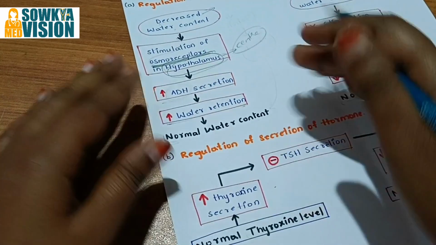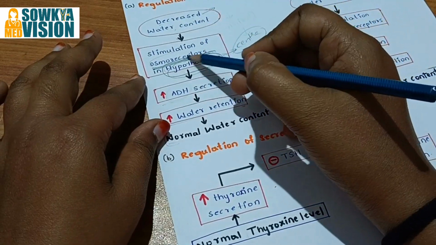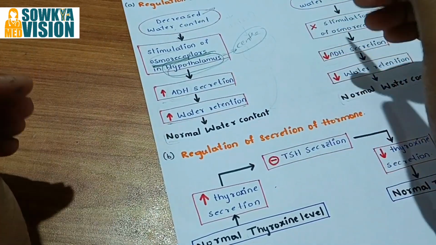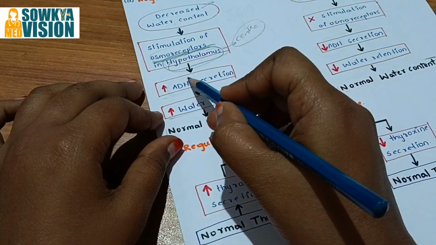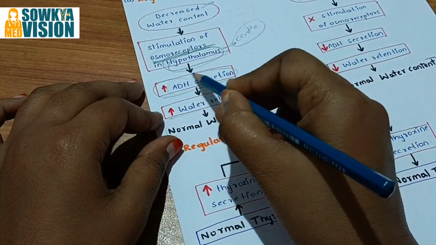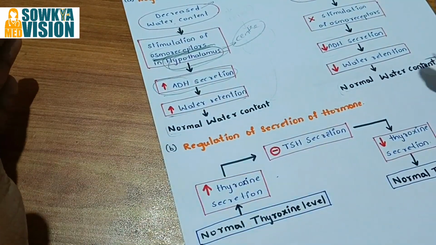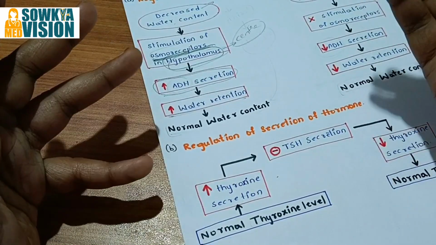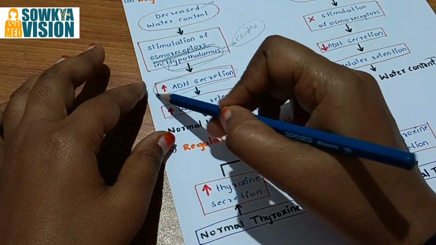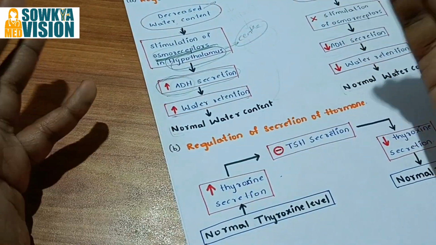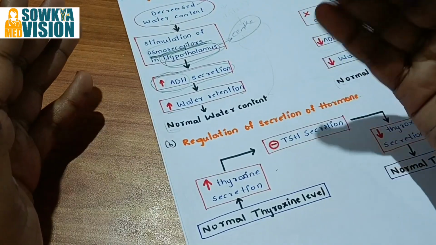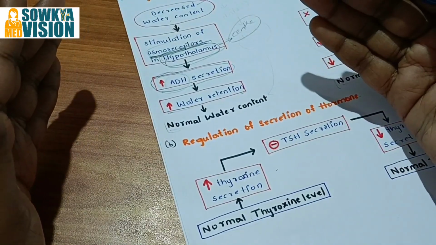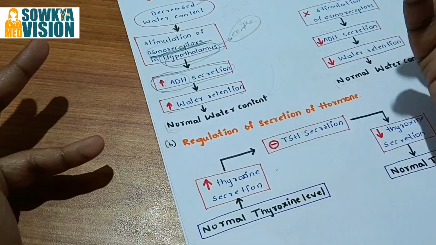Now the information has reached the hypothalamus. Now what does the hypothalamus do? Hypothalamus is stimulated in order to increase what? ADH. ADH is released from the posterior pituitary. So there is increase in ADH secretion. What is the function of ADH?